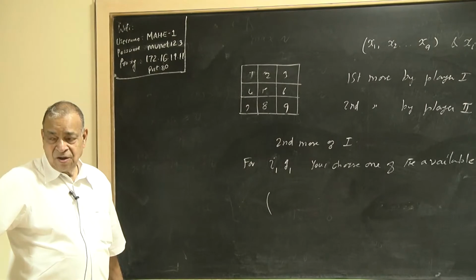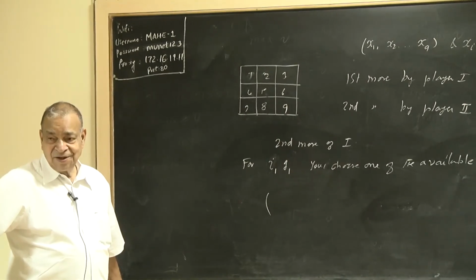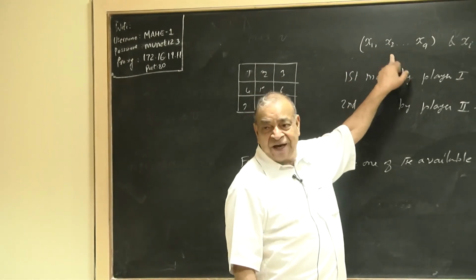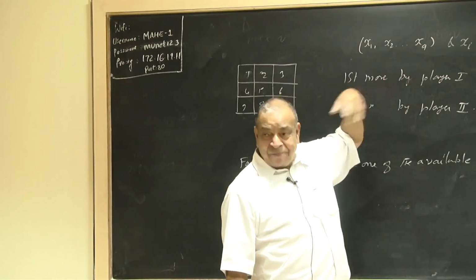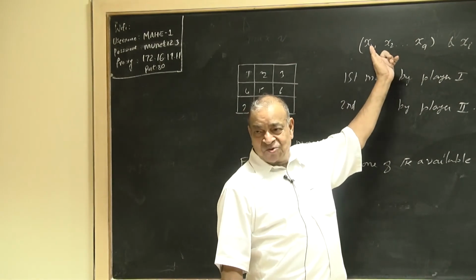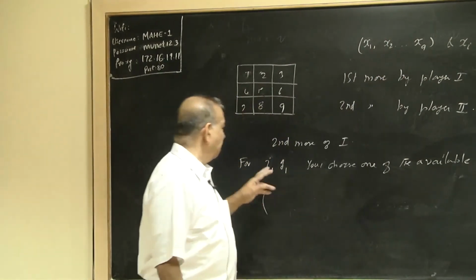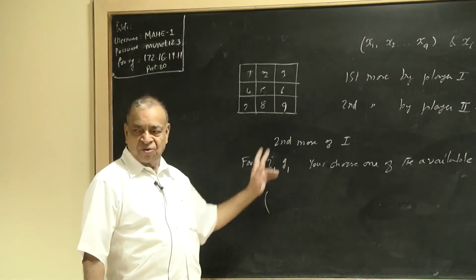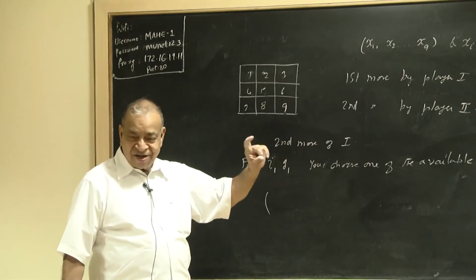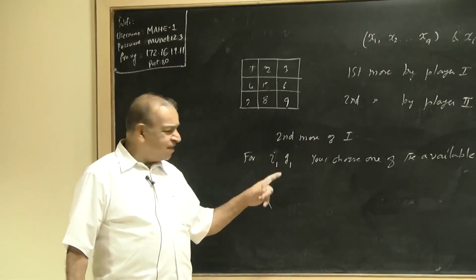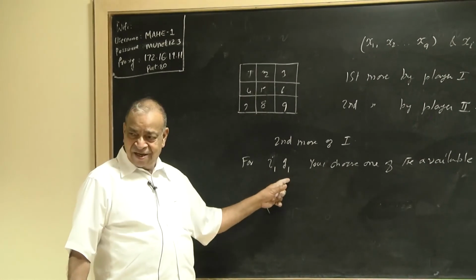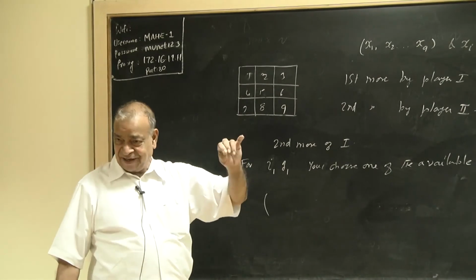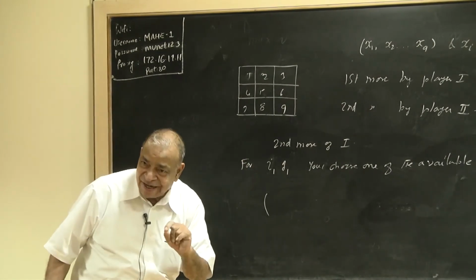This 9 refers to: if player 1 chose 1, what I am doing; if player 1 chose 2, then player 2 does something. He chooses one of the available. In the same way, if I chose I1 and he chose J1, then I am going to do this: I2, J2, and so on. So there are 9 times 8, 72. It is a 72 coordinate vector where each coordinate is taking one of 7 values.